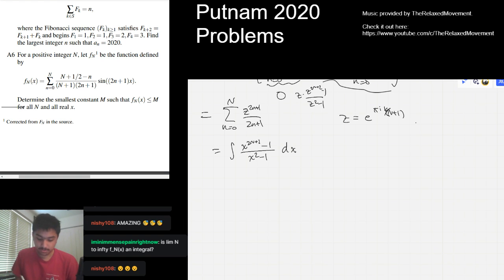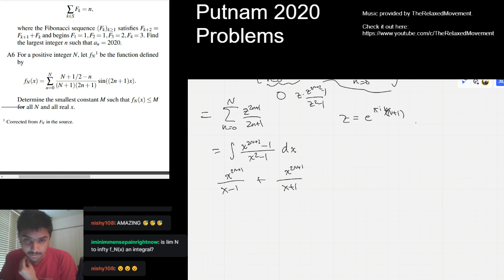So can I write this as a partial fraction? Something over x minus 1 plus something over x plus 1? A x plus b x. Oh, what if you have something like this?